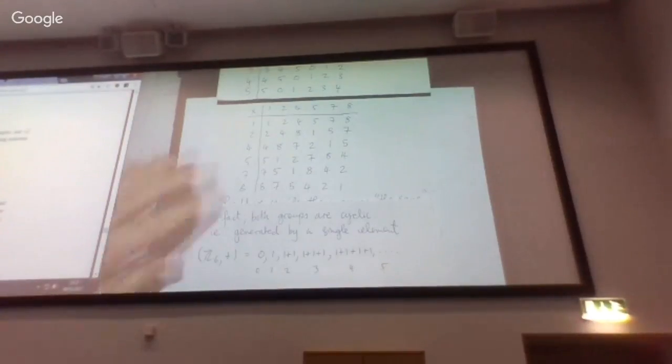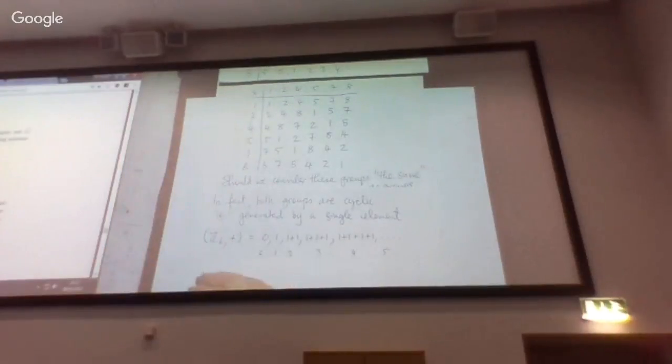But you can also do the same in Z9 under multiplication, although it's not immediately obvious. You have to search a bit for it. Well, you've got the identity 1, you've got the element 2, you've got 2 squared, 2 cubed, 2 to the power of 4, and 2 to the power of 5.